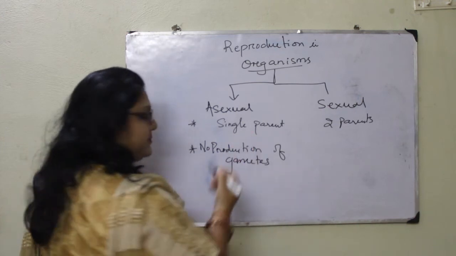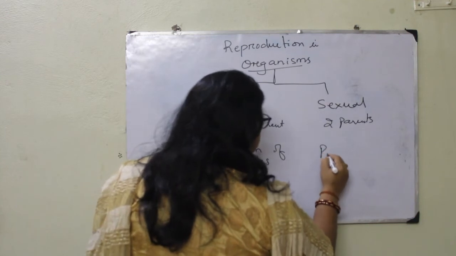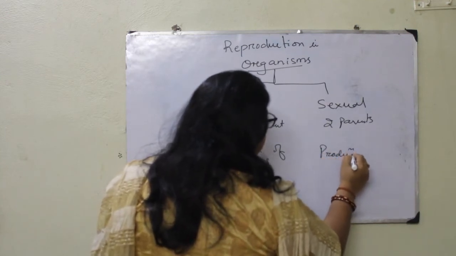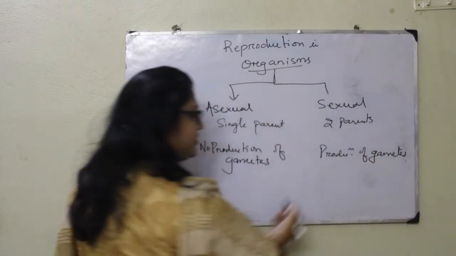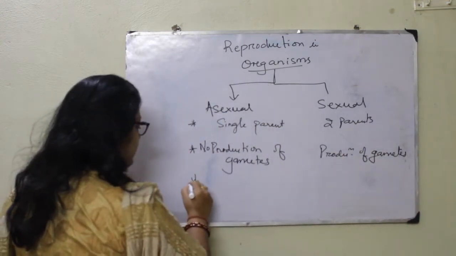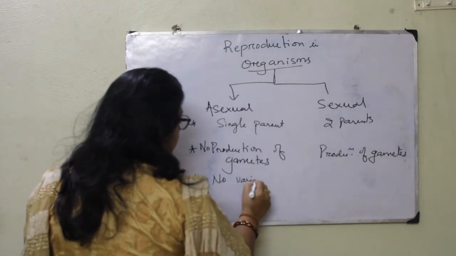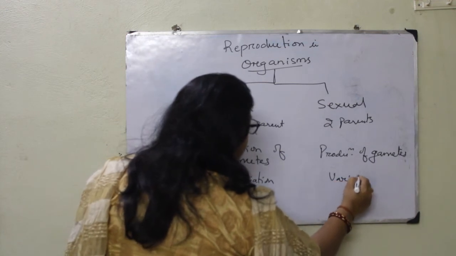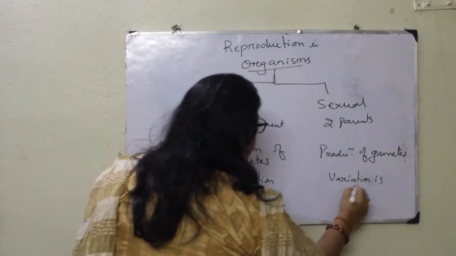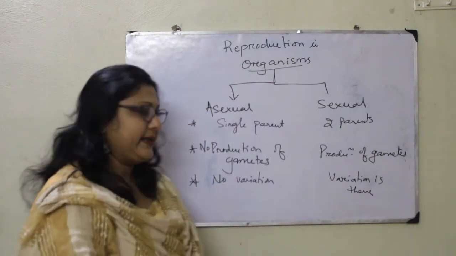The sex cells which are produced from both the parents are not produced here. In sexual, production of gametes are there. Okay. Here, no variation. Here you can find variation is there. Okay, variation is there. Right?